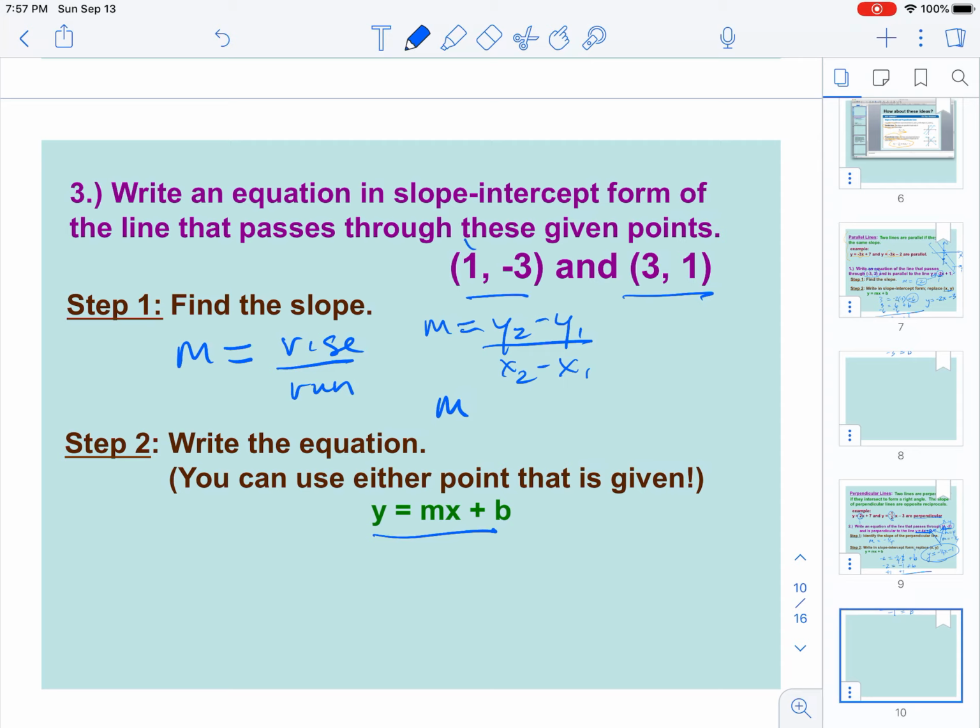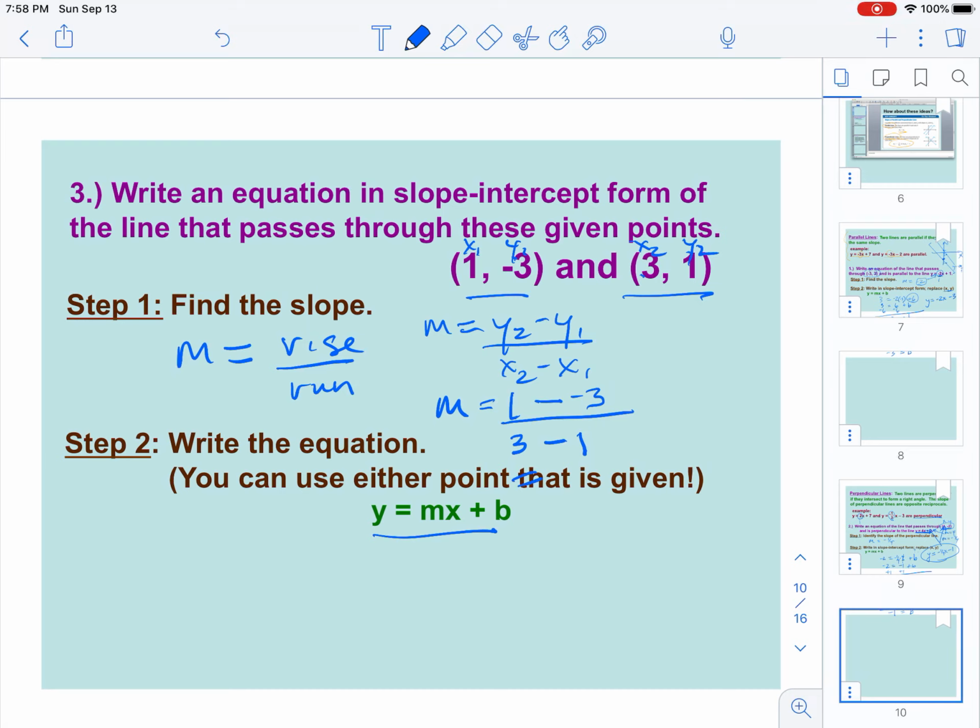So we're going to find out, and let's just call this x1, y1, x2, y2. Sometimes it's good for you to label it just so you don't get things mixed up. So I'm going to take this 1 minus a -3, y2 minus y1, and I'm going to put that over x2 minus x1, which is 3 minus 1.